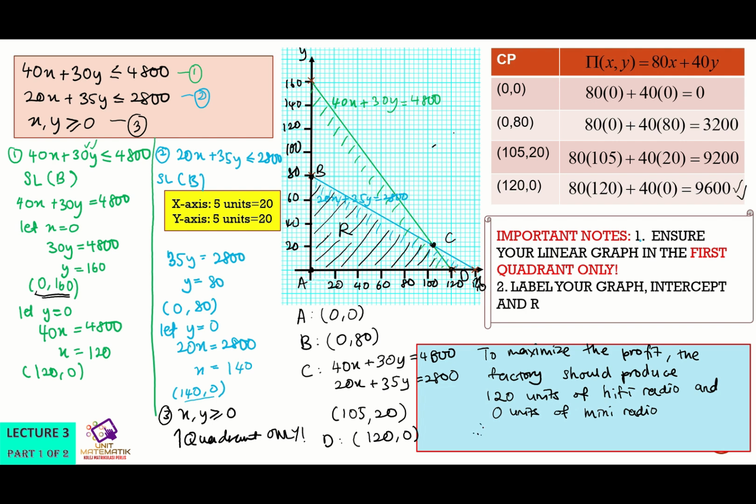Therefore, maximum profit is RM. Don't forget RM, 9,600. Okay, so this is how to answer this question.